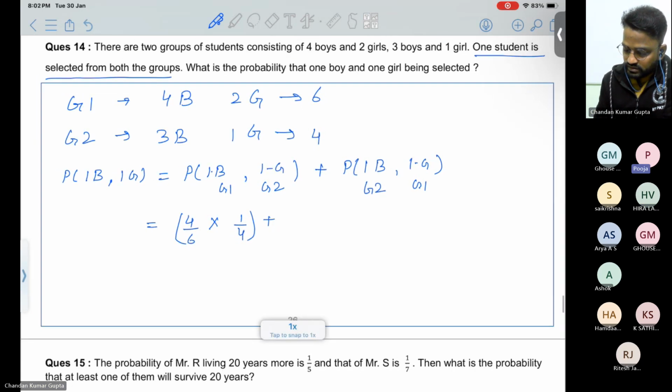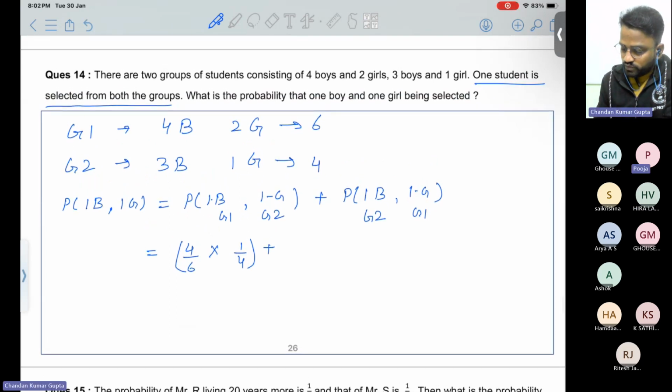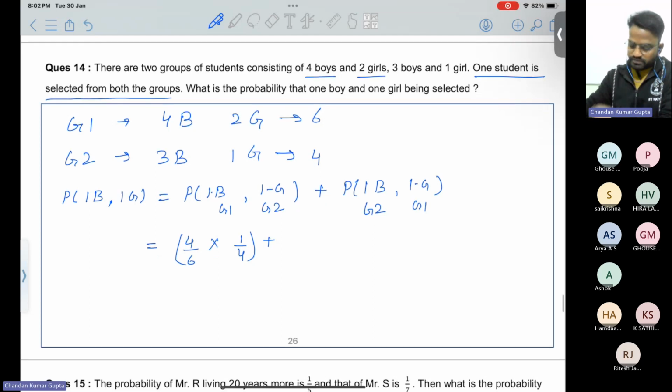Total number of students in group 1 is 6, with 4 boys and 2 girls. Okay, 4 by 6 into 1 by 4.